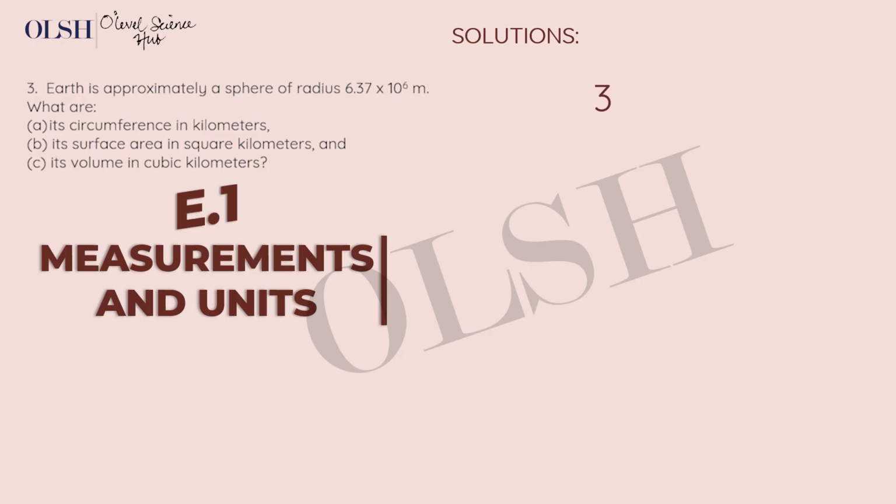In the third one, we are asked to find, first of all, the circumference of the earth in kilometers, given the radius as 6.37 times 10 raised to the power 6 meters. We know the earth is spherical, so the circumference of a sphere is 2 pi r. That's where we begin.